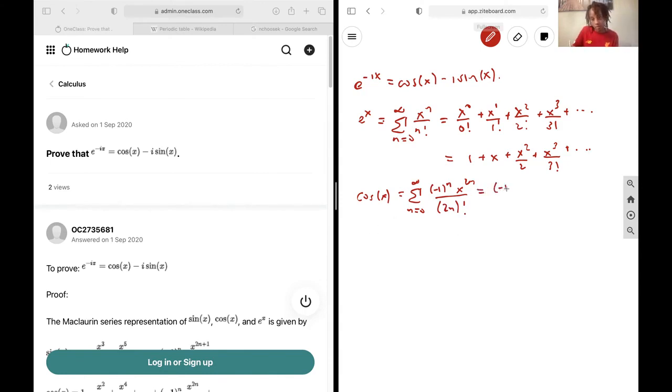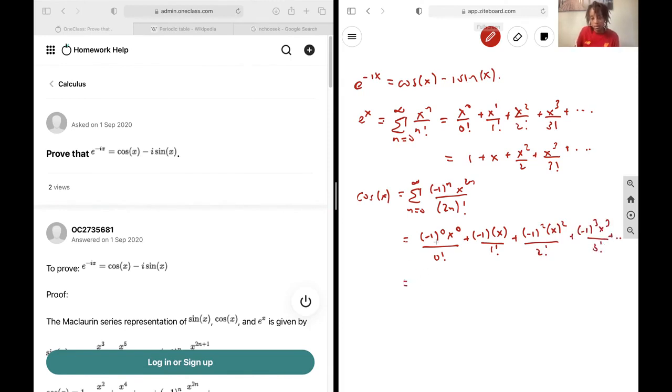So that would be negative 1, 0, x, 0, and just keep going.